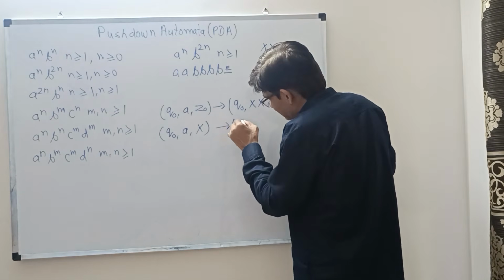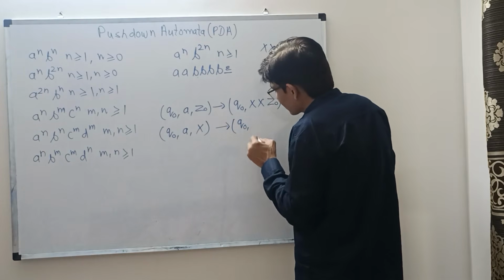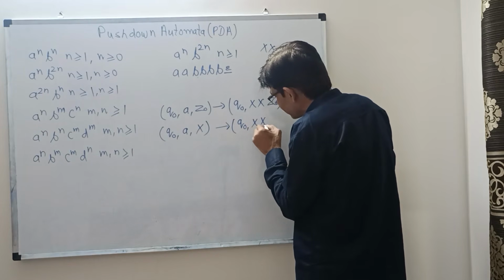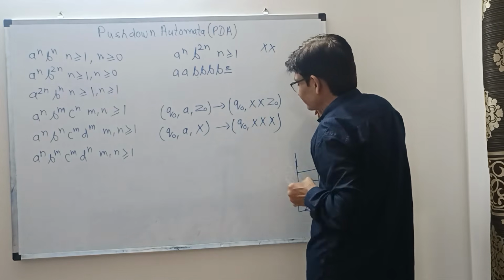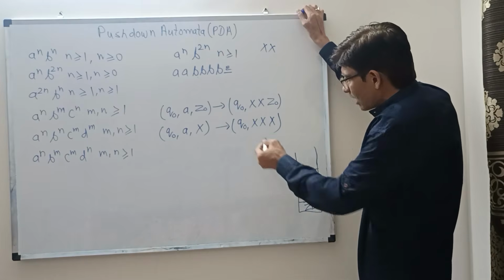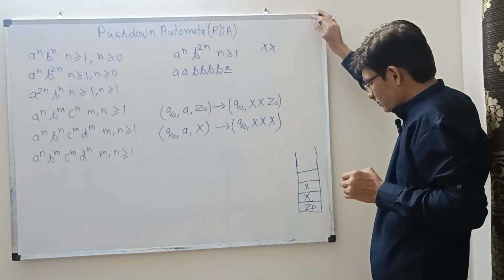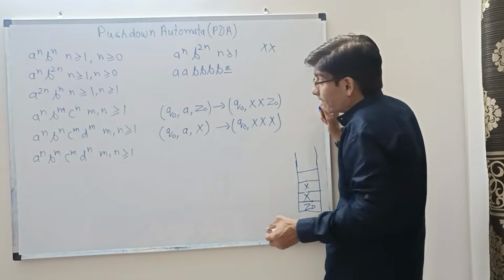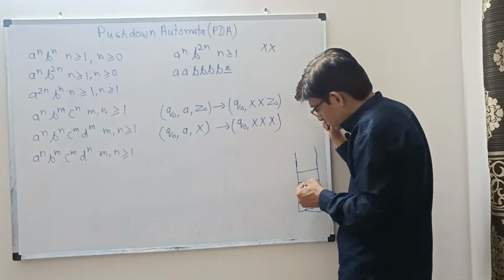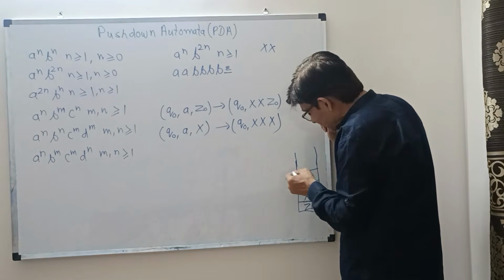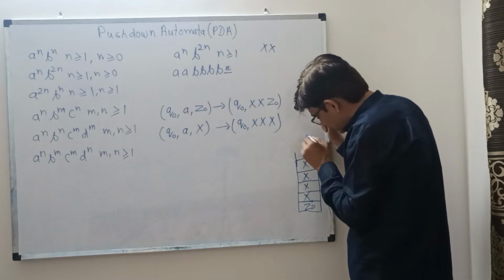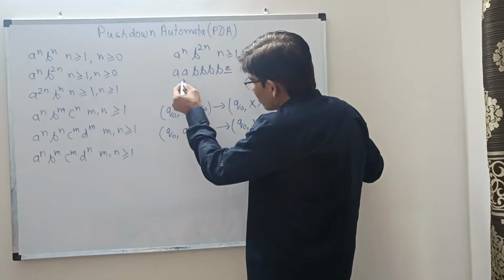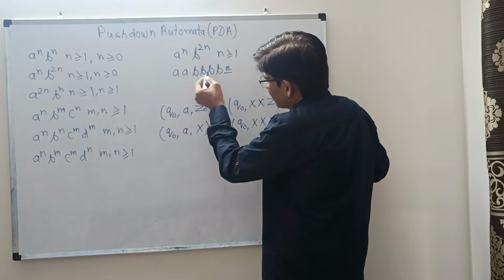So I stay in Q0, push 2x, and mention the current stack top as it is. This is how you can represent this transition. So for the second A, you push 2 more x into the stack.